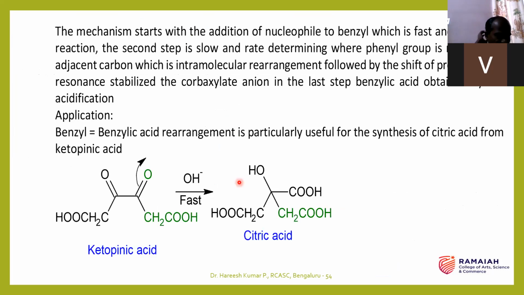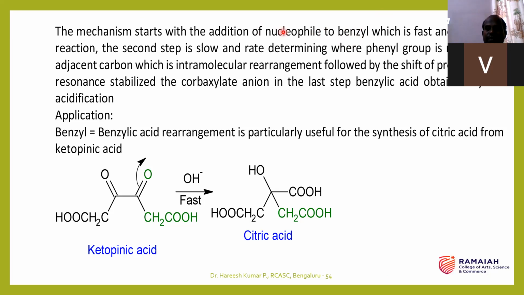So what I explained in terms of mechanism is written here in words. The mechanism starts with the addition of a nucleophile to the benzoyl carbon. So that's what you can write here. I can write overall here: benzoyl carbon.